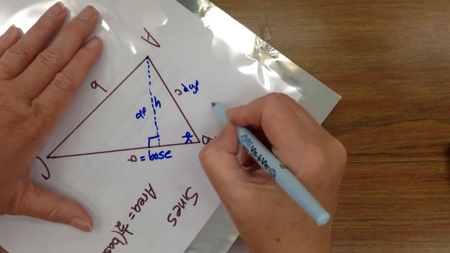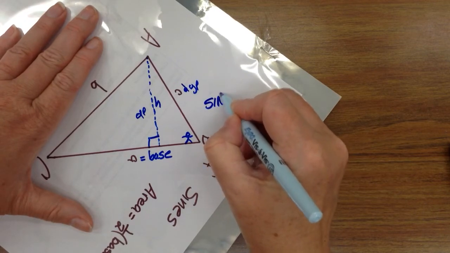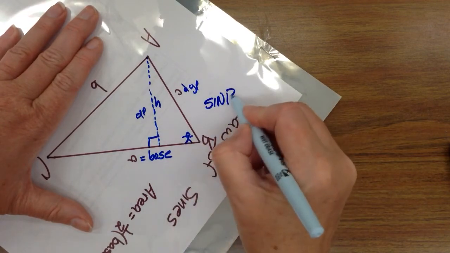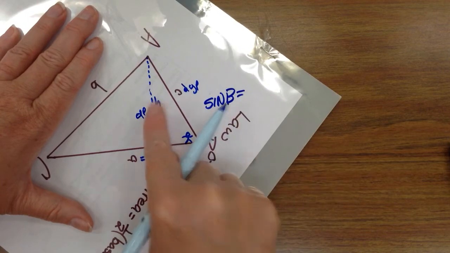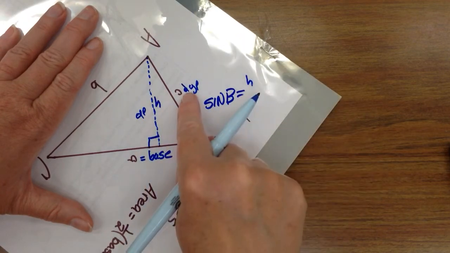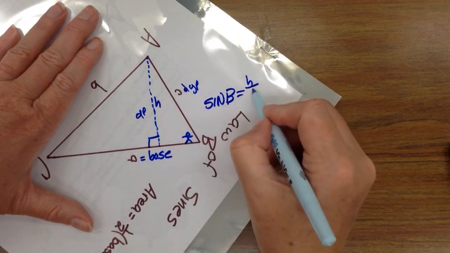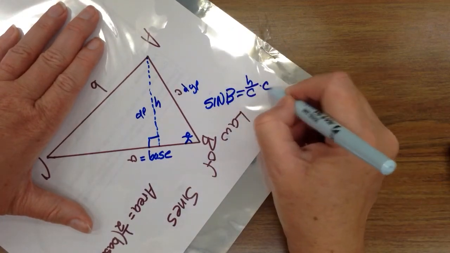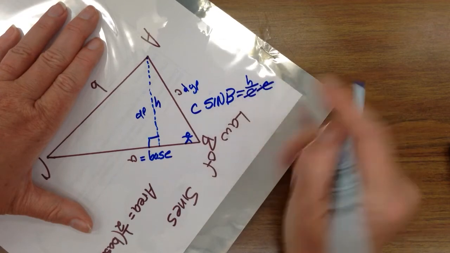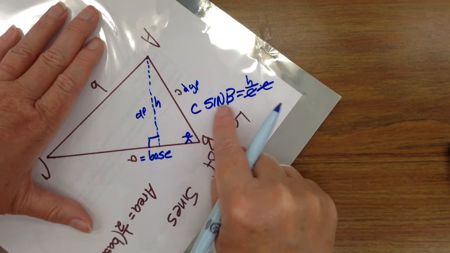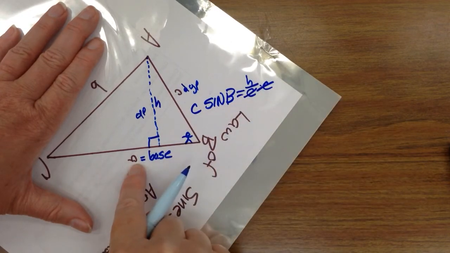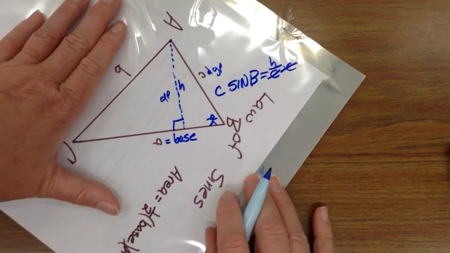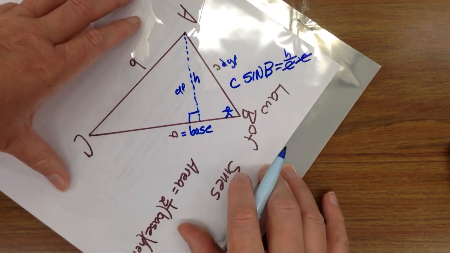I get that the sine of B is the opposite, which is the height, over the hypotenuse, which is the upside down side C. I multiply by C on both sides. So the height is C sine B. The base is A. So our area formula, I'm going to slide it over, I've got writing all over.